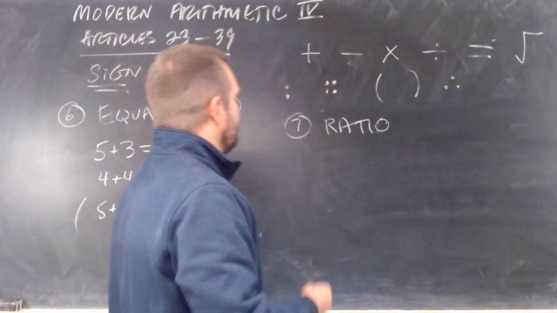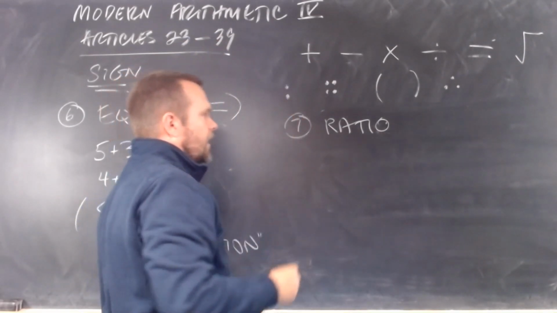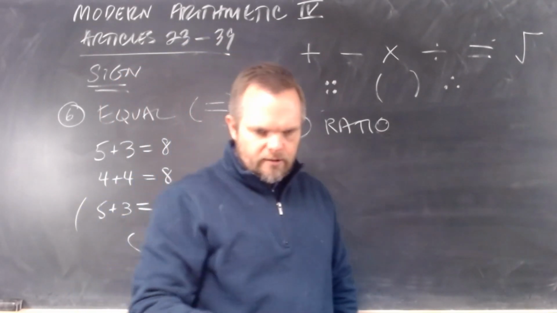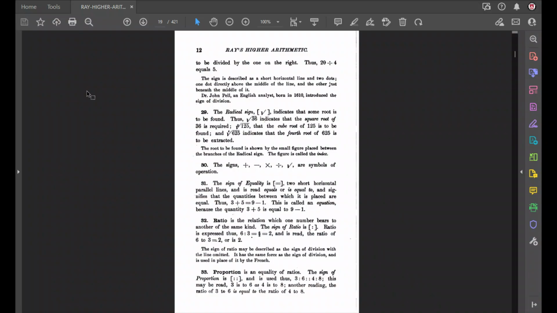To express a ratio, we use these two dots. The textbook reads, ratio is the relation which one number bears to another number of the same kind.